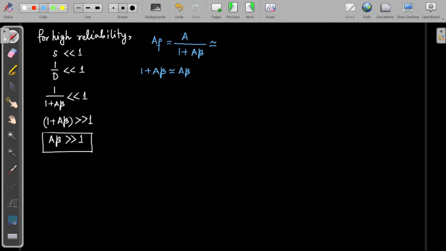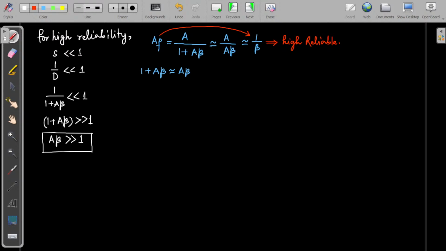So the AF equation will be A by A beta. A will be cancelled, so 1 by beta. So for a highly reliable system, the overall gain of the amplifier will be nearly equal to 1 by beta. Then only we can say that the feedback system will be of high reliability.